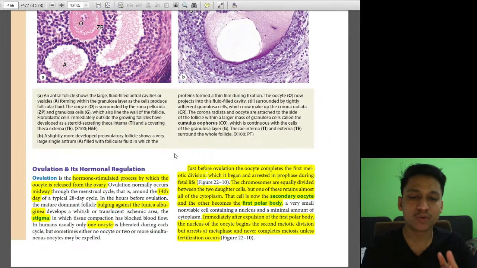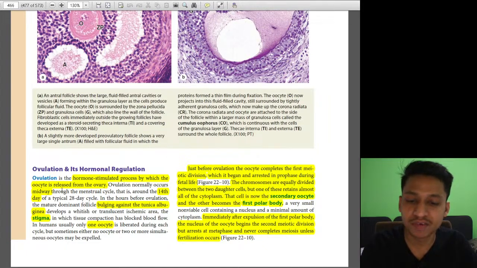Ovulation is the hormone-stimulated process by which the oocyte is released from the ovary. Ovulation normally occurs midway through the menstrual cycle, around the 14th day of a typical 28-day cycle. In the hours before ovulation, the mature dominant follicle bulging against the tunica albuginea develops a whitish or translucent ischemic area, the stigma, in which tissue compaction has blocked blood flow.